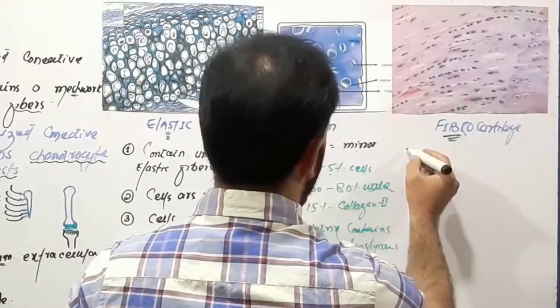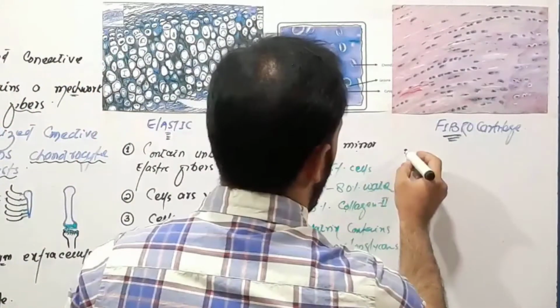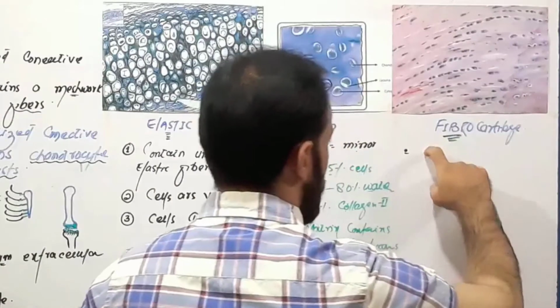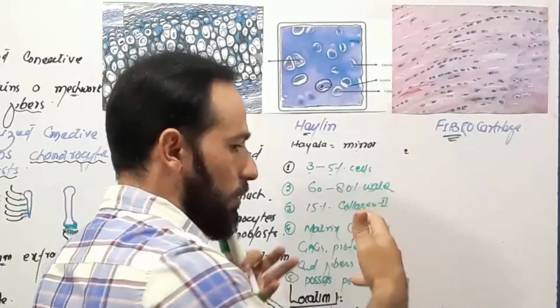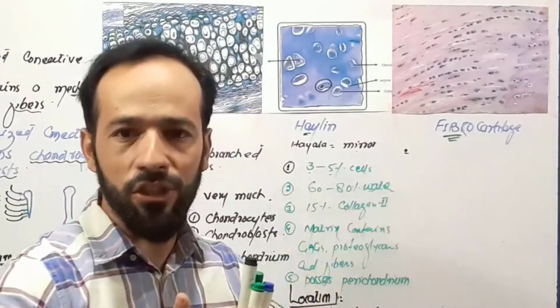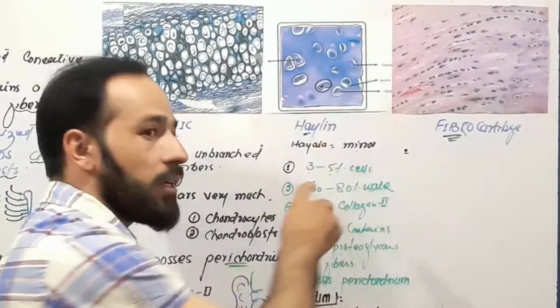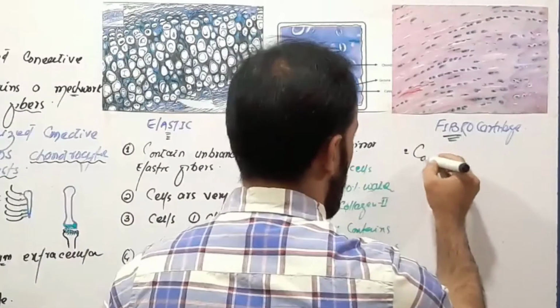Fibrocartilage, if you want to define this fibrocartilage very easily, we say that fibrocartilage is a type of cartilage which is formed by a combination of hyaline cartilage and dense regular connective tissue.